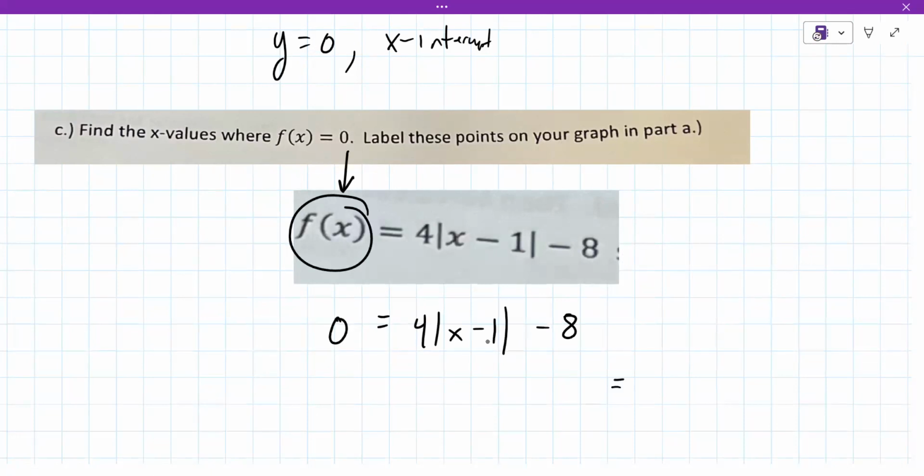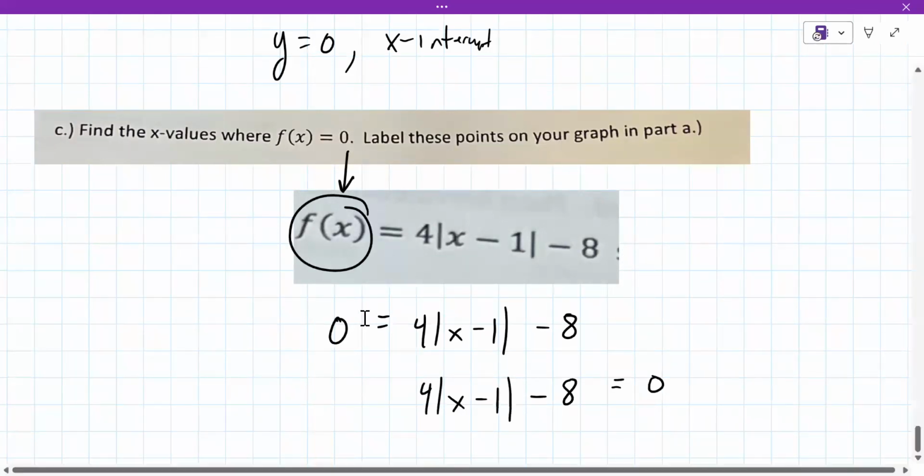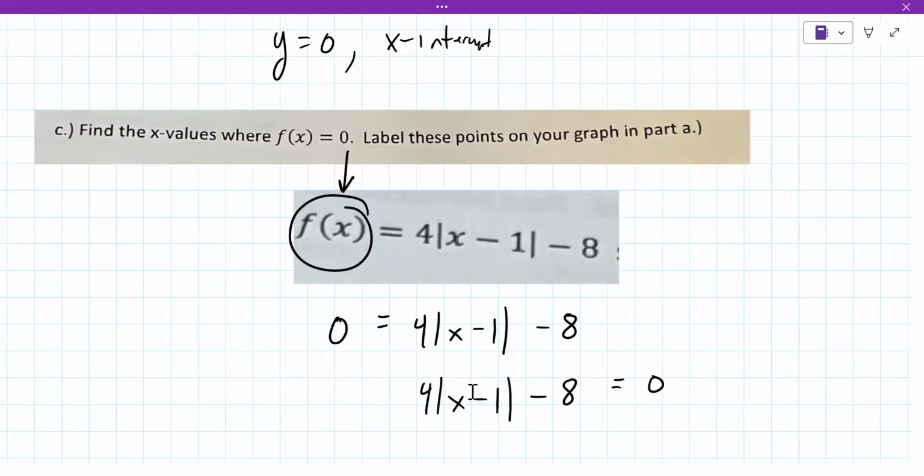And if you're like me, you don't like that 0 on the left, so you move it to the right. Now we already have it from the table, but what I'd like you to do, as you've done a few times today, is to solve this, setting up that case 1, case 2 after you get the absolute value of x minus 1 isolated. And we did this on the other page there. All right, so solve this. Yes, please.